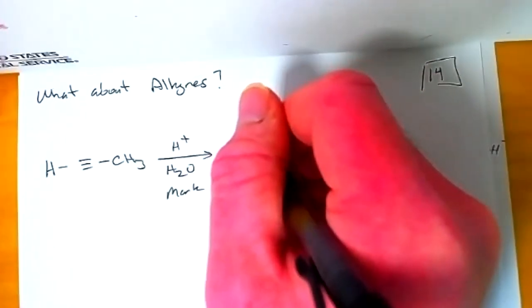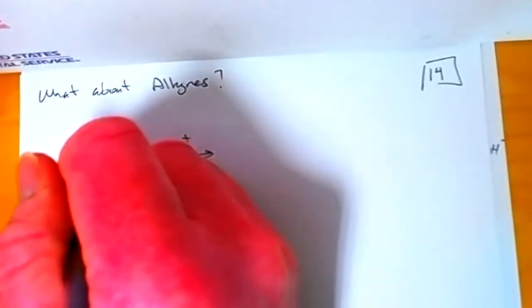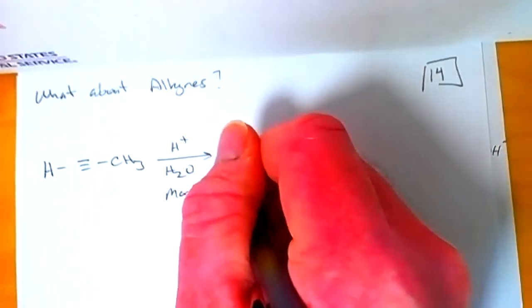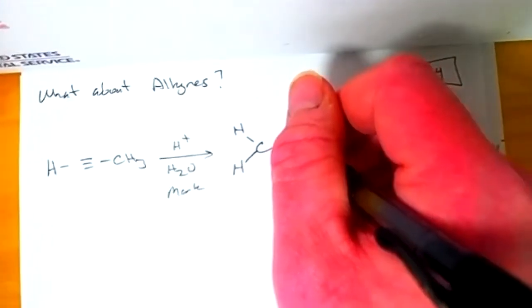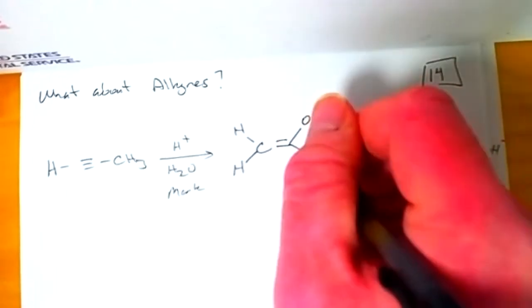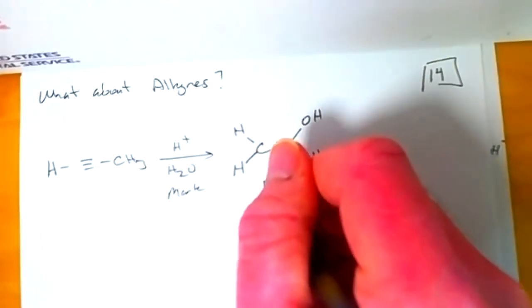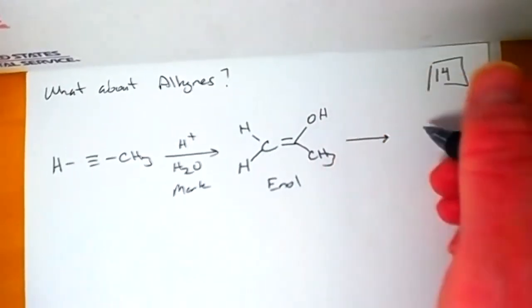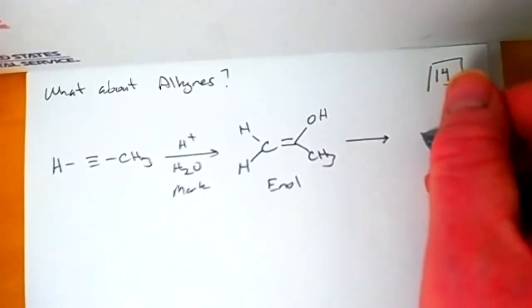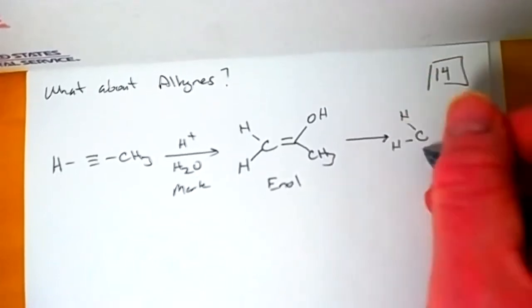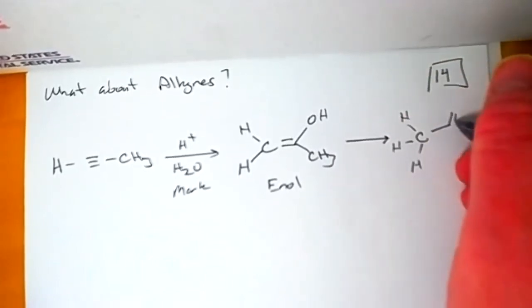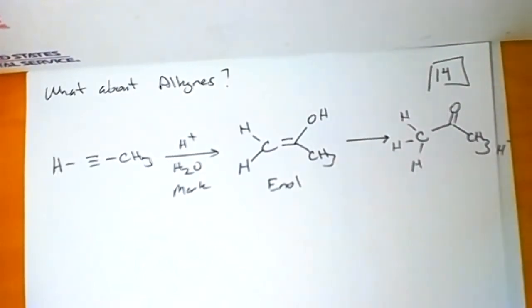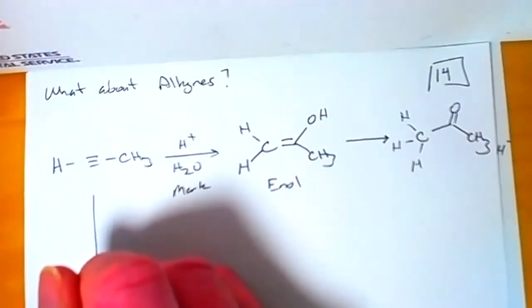So you would end up adding hydrogen to the side of the triple bond that has more hydrogens, which in this case would be the terminal end. And again, there is that enol species that we mentioned previously, which undergoes a rearrangement to a ketone.